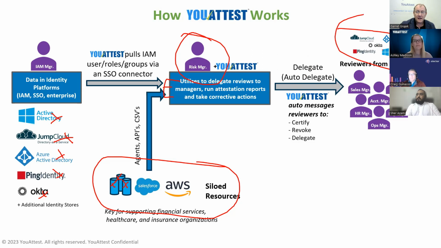It grabs the manager from your IAM and then sends out automatically an attestation, a recertification campaign to the proper manager. It doesn't matter whether the resource is here in some siloed app or if the resource is in your Azure AD, it will work either way. And that's unique in the industry.